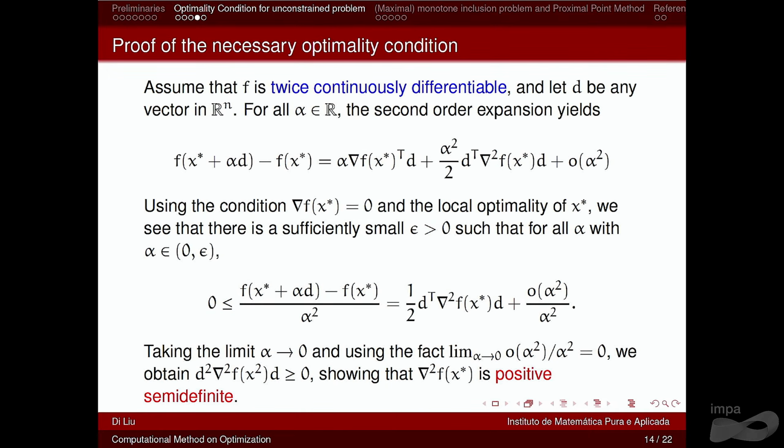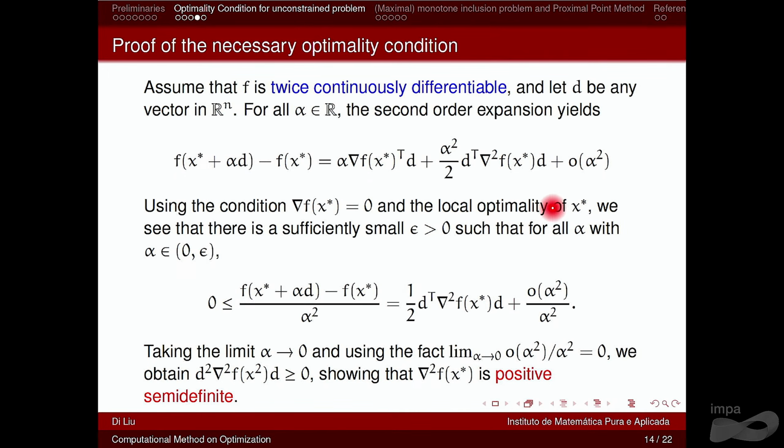Then we prove the second order necessary condition, which is that the Hessian is positive semi-definite. The assumption is that f is twice continuously differentiable. Let d be any vector in Rn. For any alpha, we use the second order expansion like this. Since we already proved the first order condition, because x star is a local minimum, we have the gradient of f at x star equals 0.